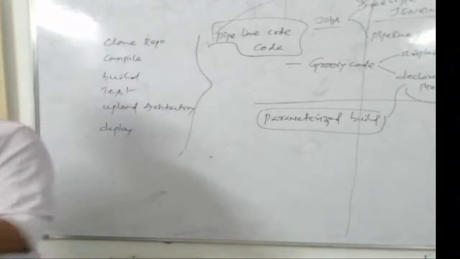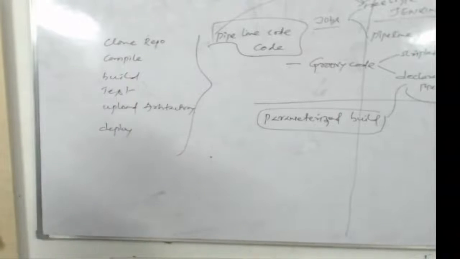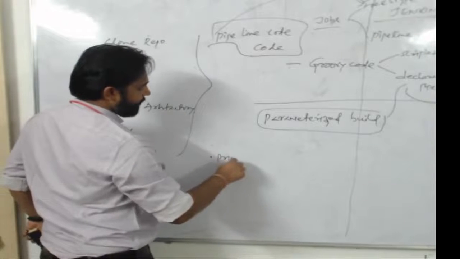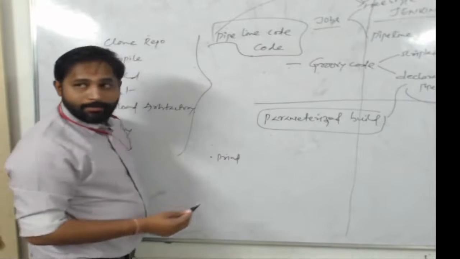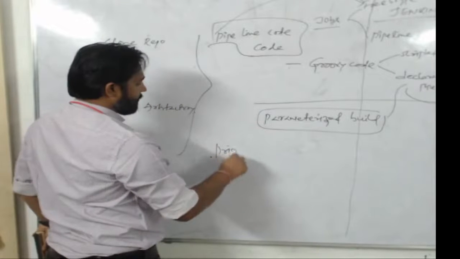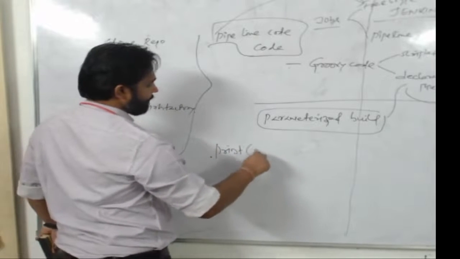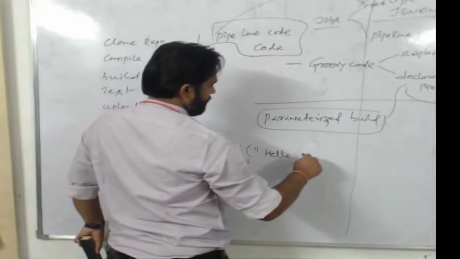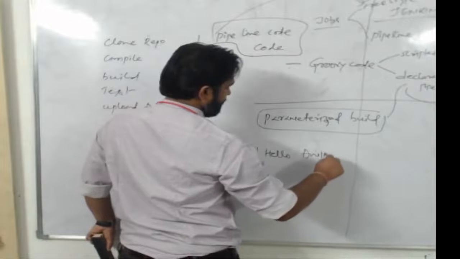A simple program, for example, let's say you're writing a printf statement in Java or any language or Python. Print, this is a Python statement. Print, hello, let's say honey here.